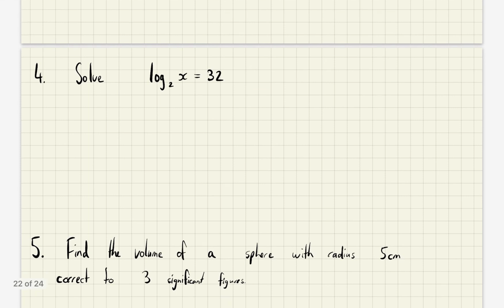That's absolutely fine. So for question 4, we need to solve log base 2 of x is equal to 32. Now I don't know what to do there, so I need to change the form. So I'm going to do the BAP form. So it's already in BAP. So that means I've got a base of 2 with a power of 32, and that is equal to x.